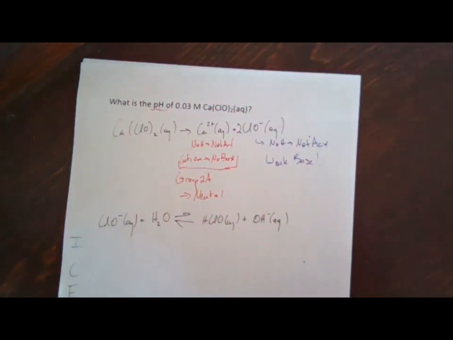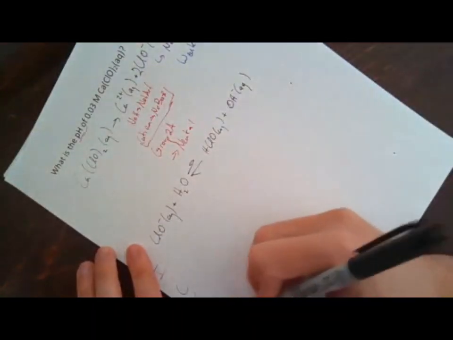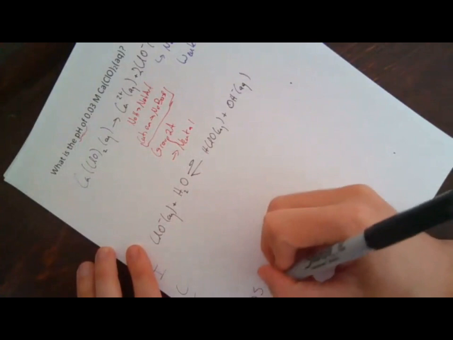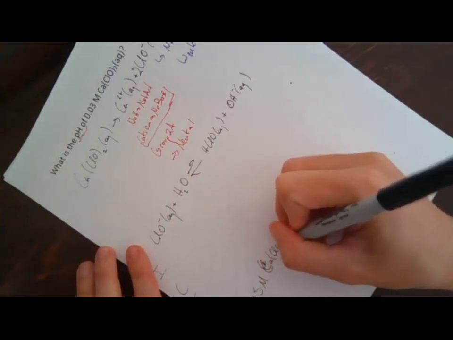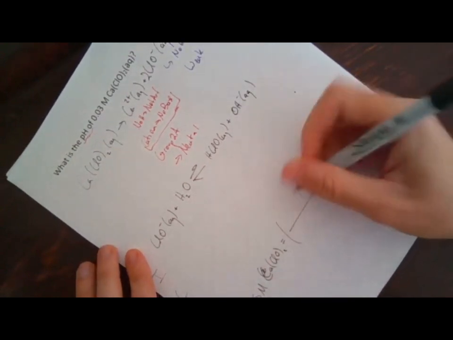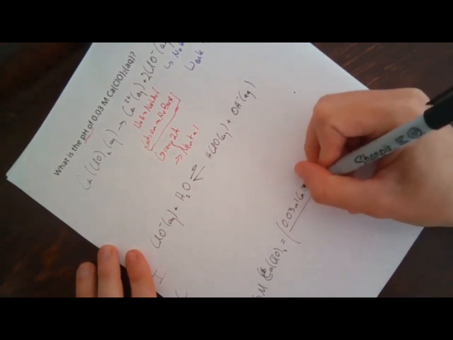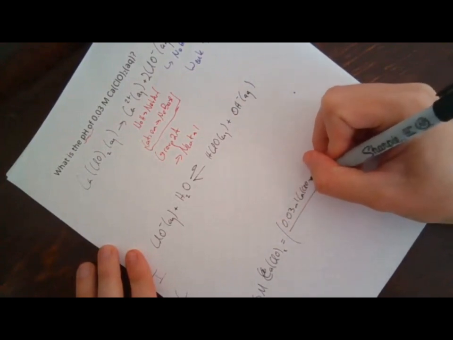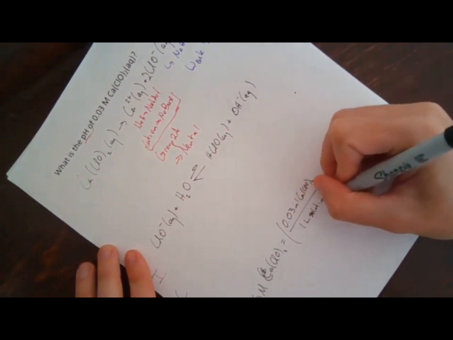So one thing we need to account for is that 0.03 molar of calcium hypochlorite is equal to 0.03 moles of my solute per 1 liter of solution.